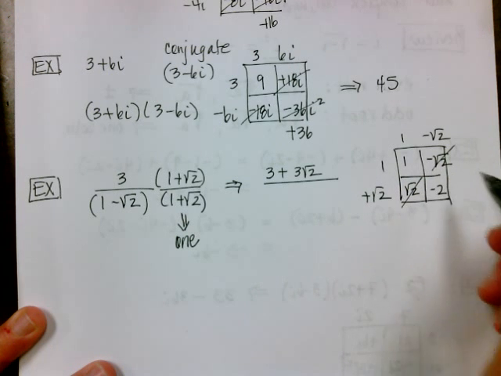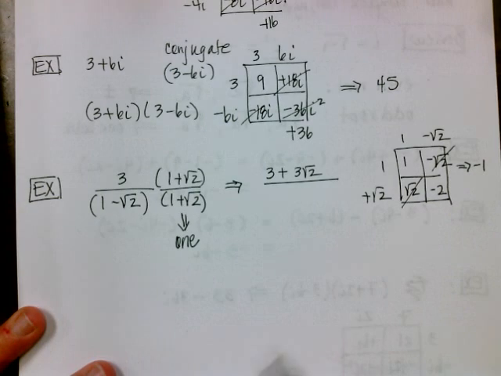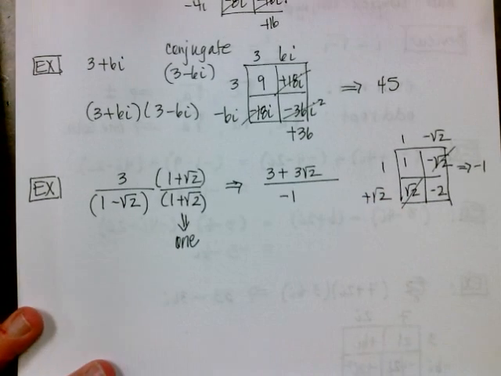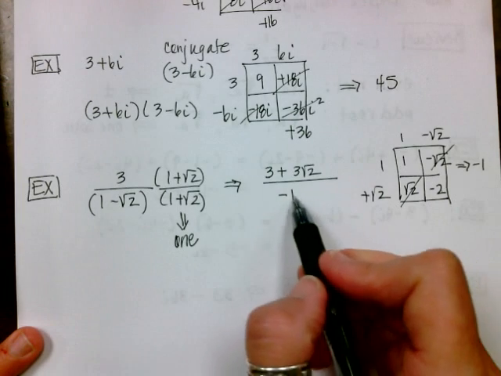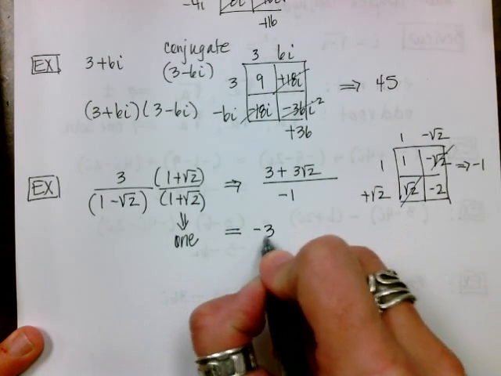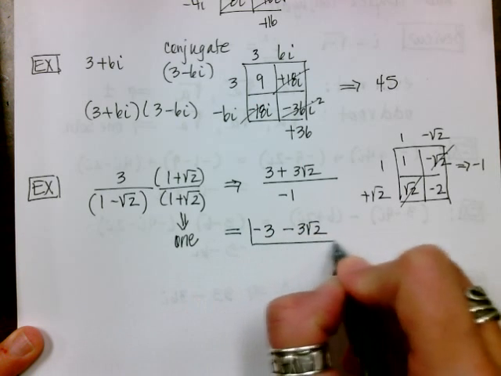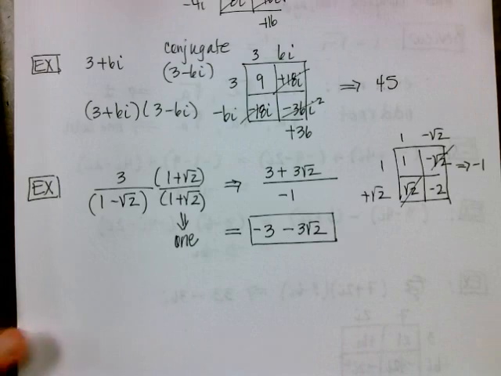These two terms cancel. 1 minus 2 is a negative 1. So then I have a negative 1 in the denominator. I'm going to divide the negative 1 into each of the terms up top, and I'm going to get a negative 3 minus 3 radical 2. And that would be my answer.